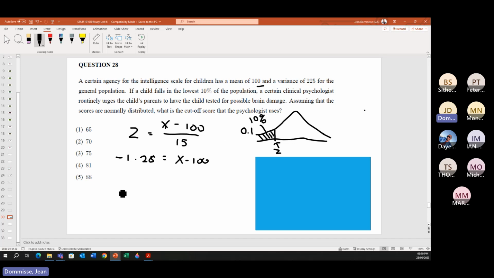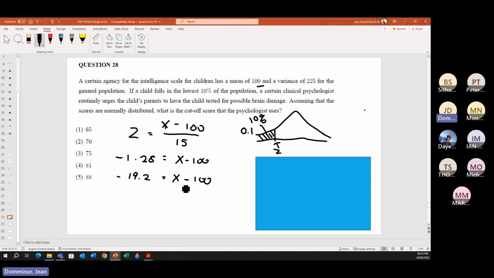We multiply both sides with 15. So minus 1.28 times 15 is minus 19.2, which is equal to X minus 100.